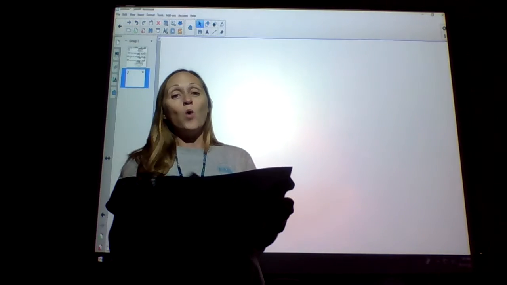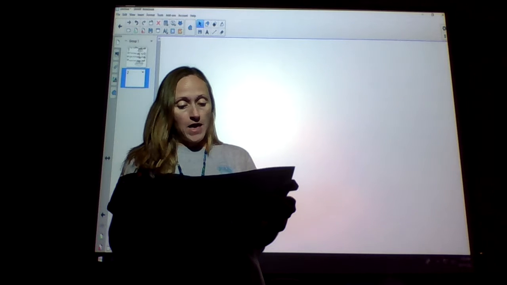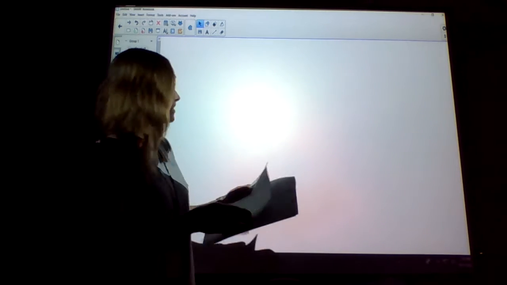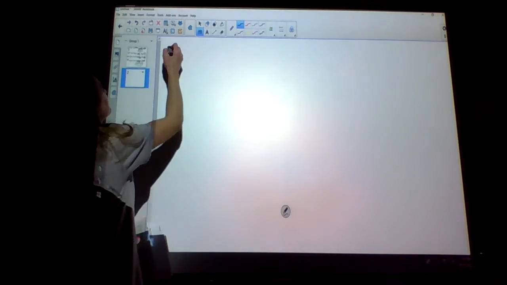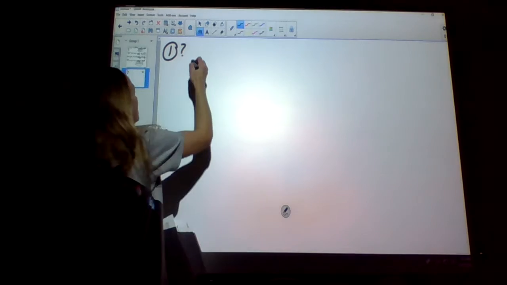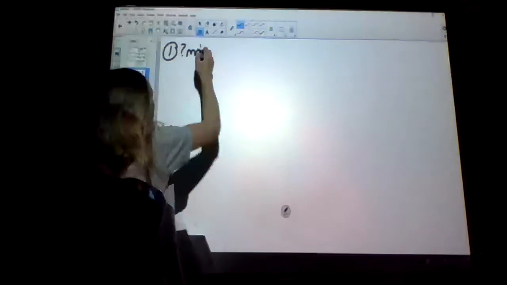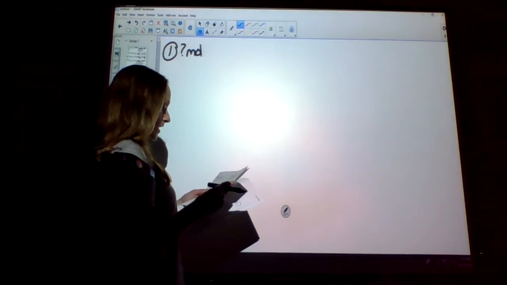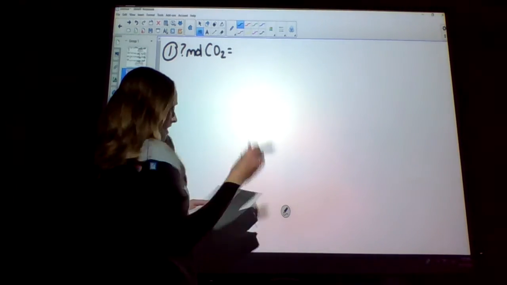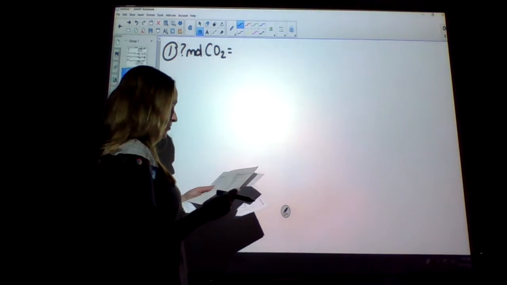So we're looking at 1 through 10, and we're converting all of these over to number of moles. So in number 1, we'll put a question mark, moles, and we are working with CO2. And what do we know about CO2?